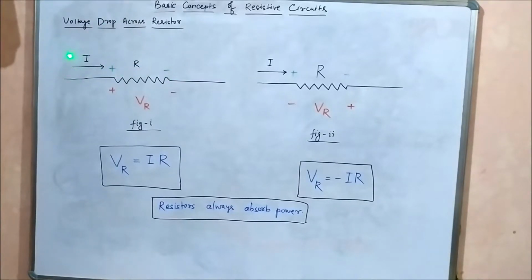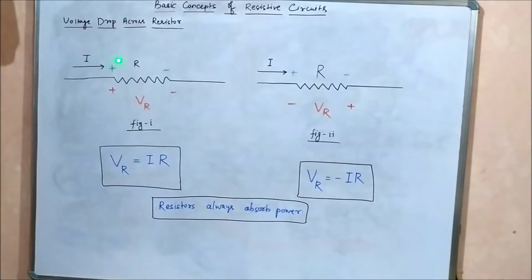Whenever current flows through a resistor, this will be the sign convention, the polarity which will be placed on the resistor, plus and minus. The current will enter through the positive terminal and exit from the negative terminal, because resistors always absorb power.